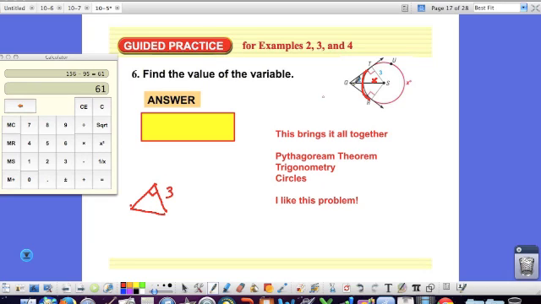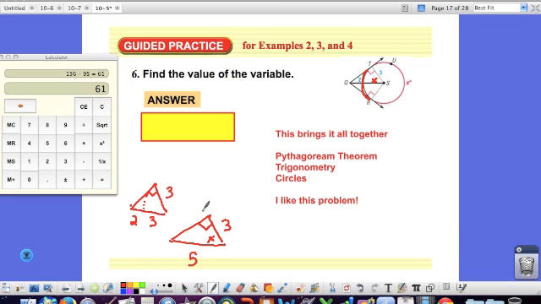This has an arc going through it, so while this is 2, this side is 3. Let me redraw this because I think this is a bad drawing. So this is 5 and 3, and I want to find angle X. This is a right triangle.